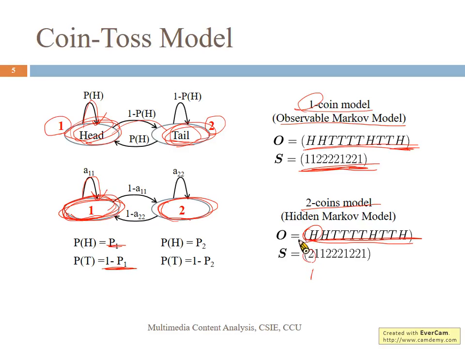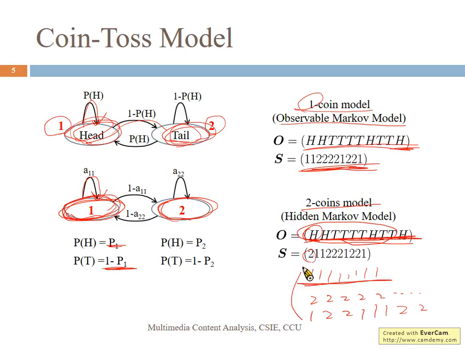So the corresponding state sequence may be 2, 1, 1, 2, 2, 2, 1, 2, 2, 1, or maybe 1, 1, 1, 1, 1, 1, 1, because we may also get such an observation sequence if we only select the first coin, or it may be 2, 2, 2, 2, 2, 2, 2, and so on, or maybe 1, 2, 2, 1, 1, 1, 2, 2, 2.